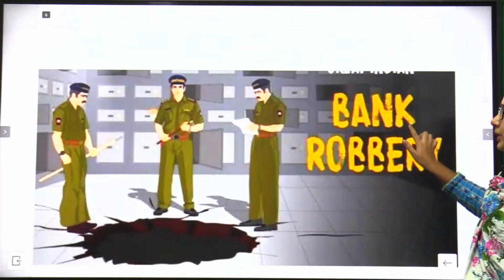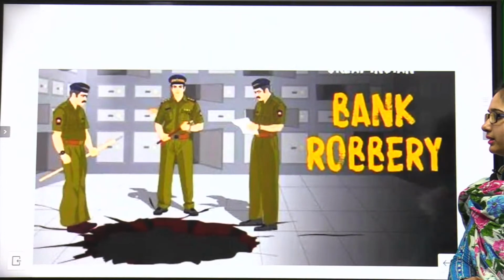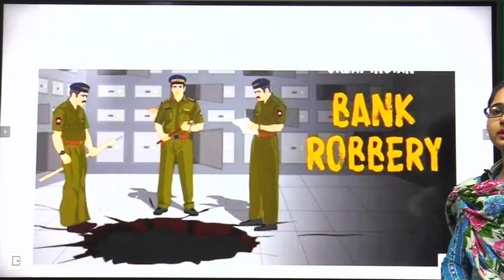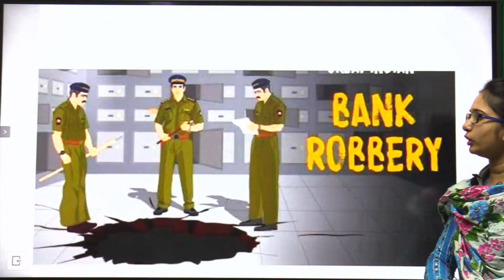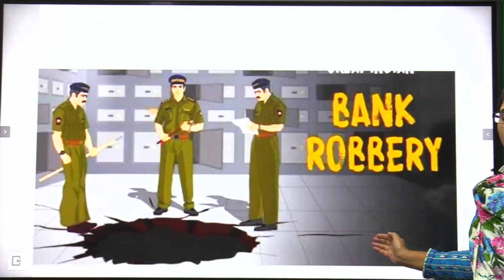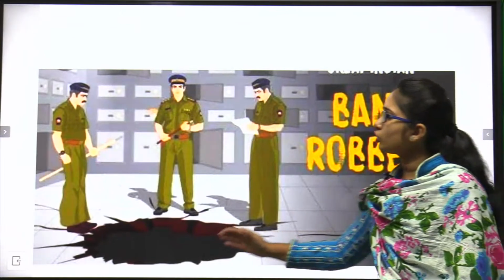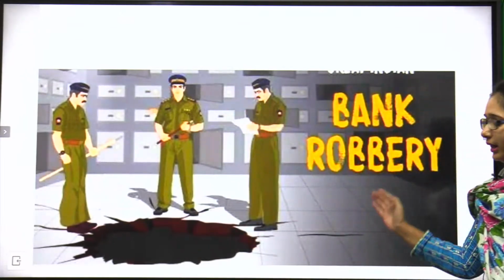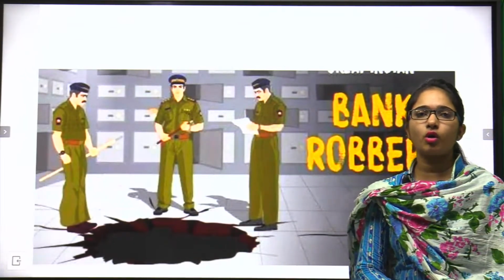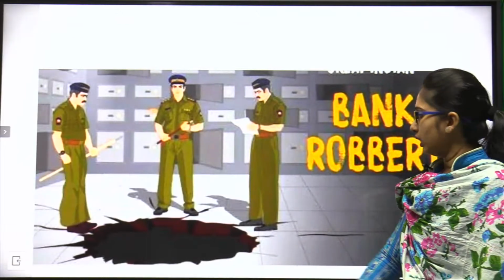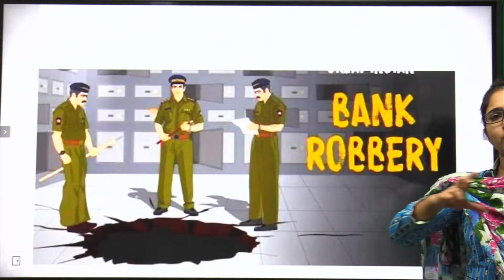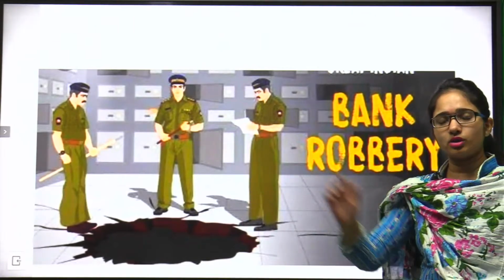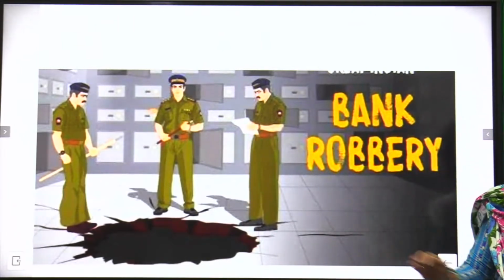In the next picture, you can find out that some robbers or dacoits have come to the bank. This is a picture of a locker room. These thieves and dacoits have dug a hole in the room and made a passage, and through that they have entered this place.